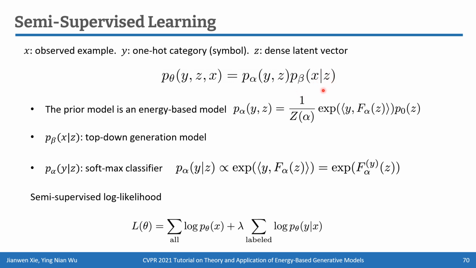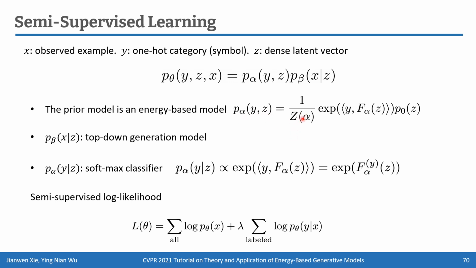So that is, given Z, Y is independent of X. So Z is like an information bottleneck. In fact, this top-down model gives us a better, more natural interpretation of information bottleneck.